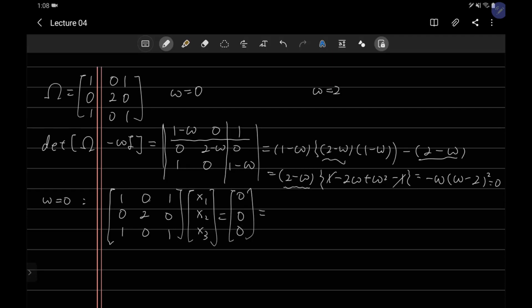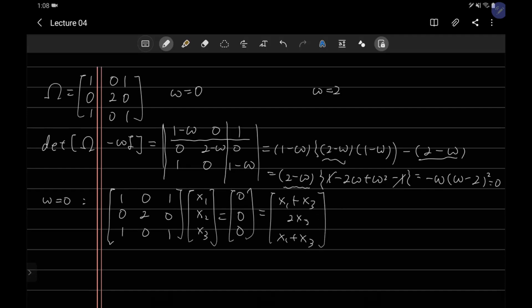So in this case, if we find the multiplication, then it is x1 plus x3 for the first, 2x2 for the second one, and the last one x1 plus x3 again.